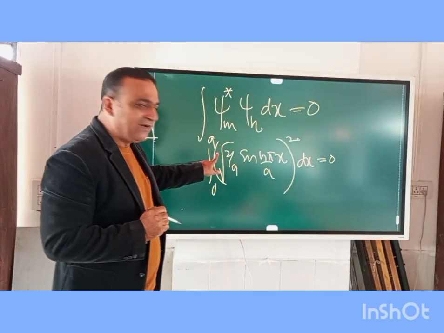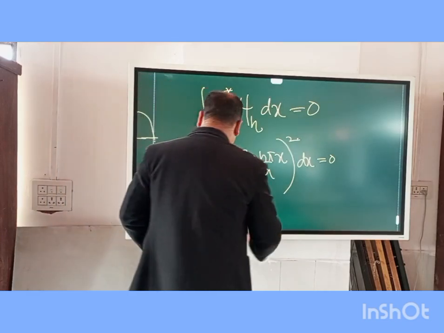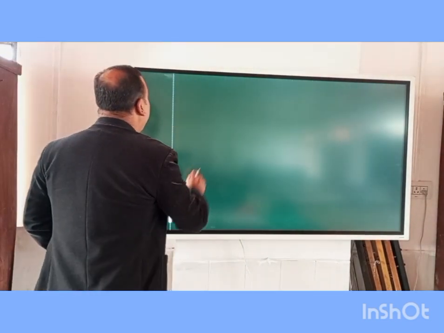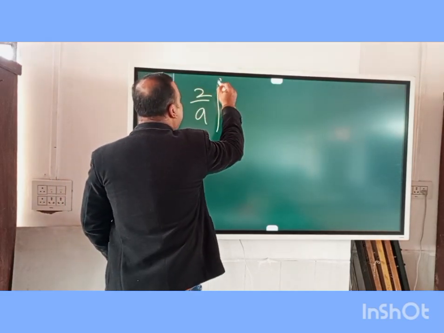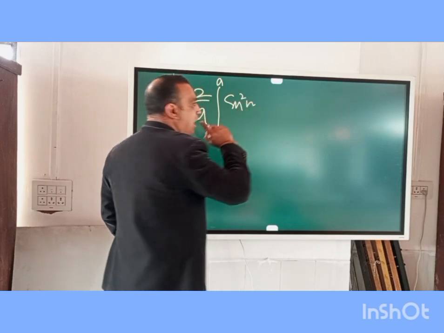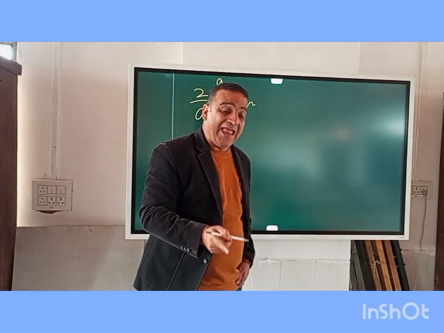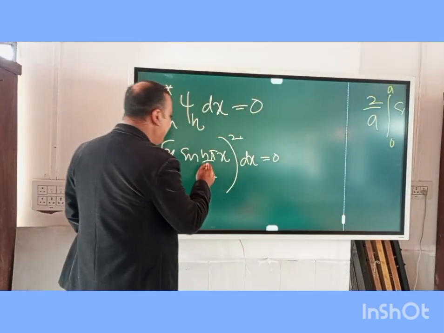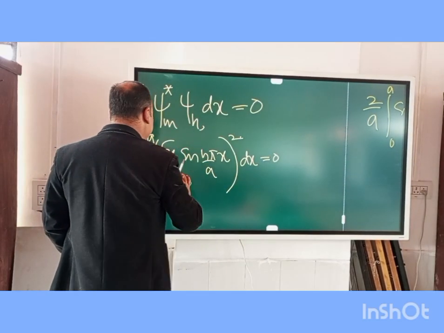So the square of this will give me 2 by a, right? I might be doing something wrong. Here I have 2 by a, integral 0 to a, then sine square. I chose sine m, so here I shouldn't have taken the square, no? Because I'm using psi m and psi n.